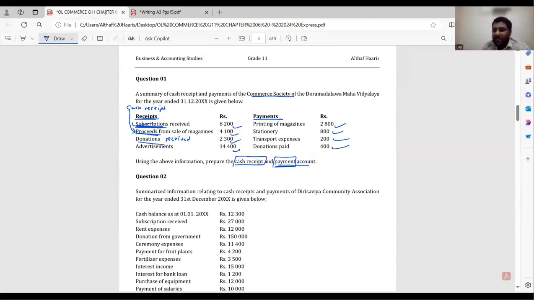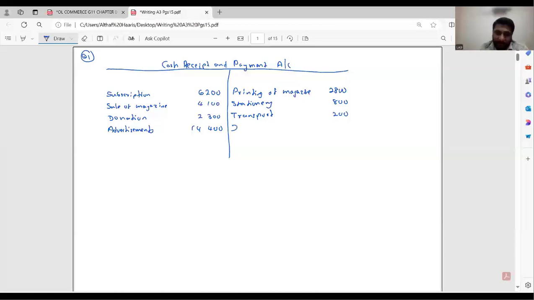So your society decided to give 400 rupees to him. That is donation paid. 400.